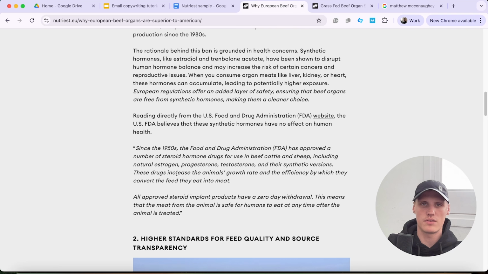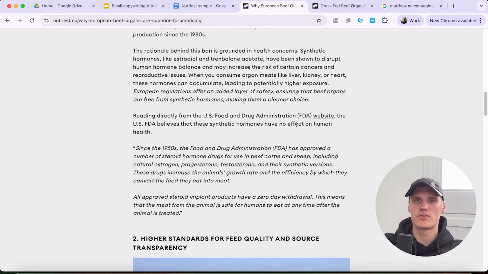When I go into the article here, there's actually proof from the US Food and Drug Administration's website that synthetic hormones are allowed to be used on the cows. So I can pretty much just copy paste this.